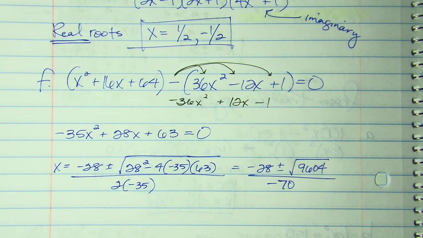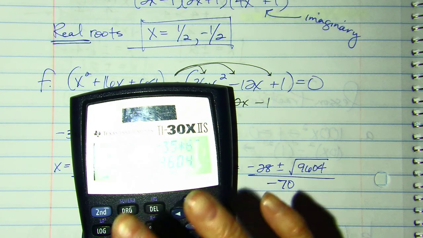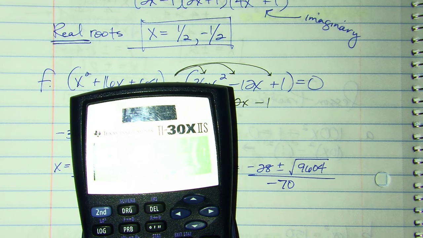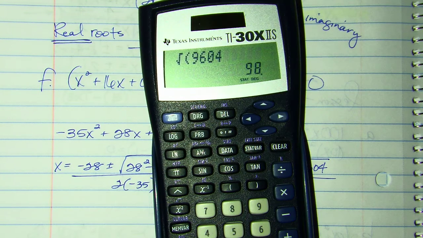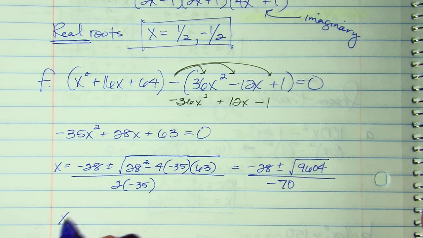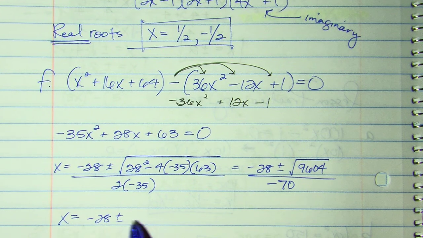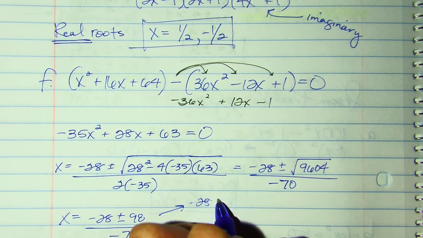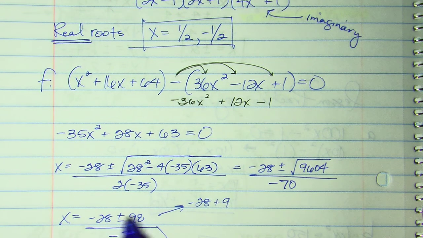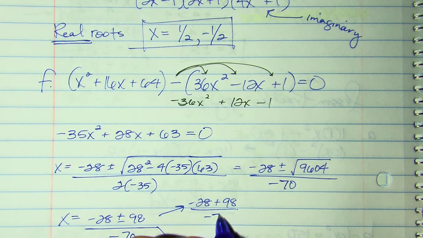And then I'm going to simplify this square root of 9604. So the square root of 9604, which you can't see on my calculator, is 98. So x equals negative 28 plus or minus 98 over negative 70. And so I'm going to write my two solutions and simplify. One's negative 28 plus 98 over negative 70.